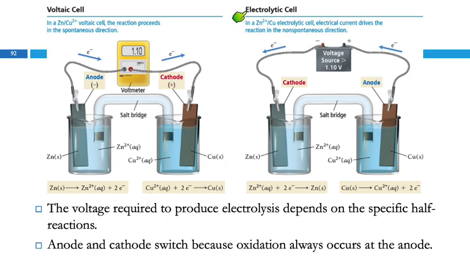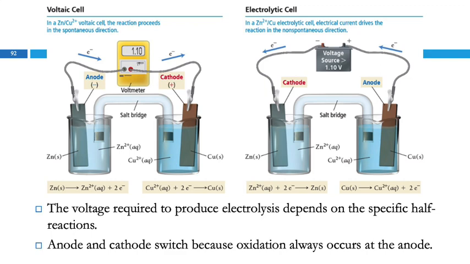This is an electrolytic cell involving the same substances, but we're pushing electricity into it, and so we've got copper being oxidized and zinc ions being reduced. So in an electrolytic cell, the anode and cathode are going to switch because you're forcing the current to go in the opposite direction.